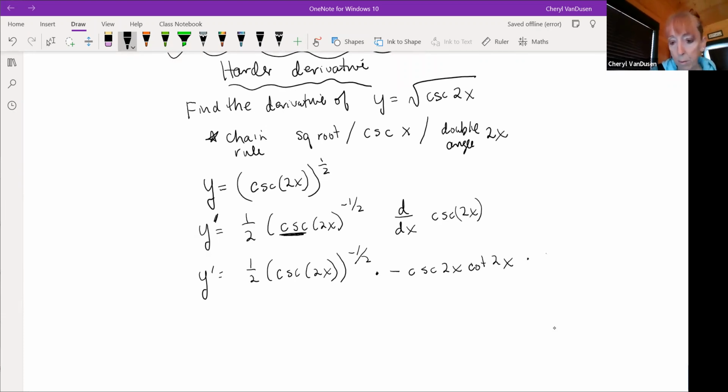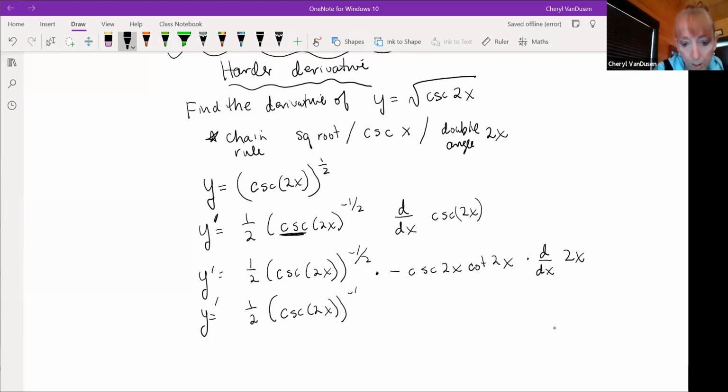And then we have to multiply by the derivative of the 2x because we're kind of going from outside, inside, right? So the next step is 1/2, y prime, cosecant 2x to the minus 1/2. And then this is just copied down again. And then the derivative with respect to x of 2x is just times by 2.